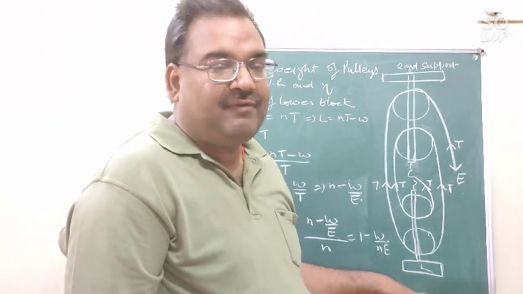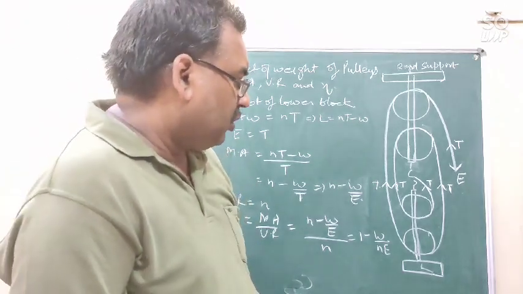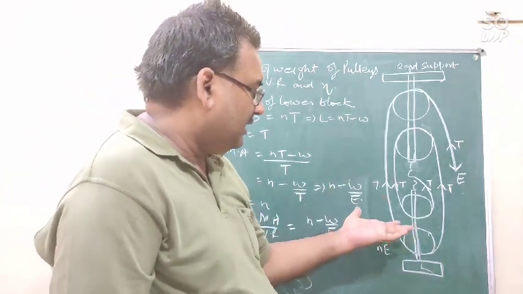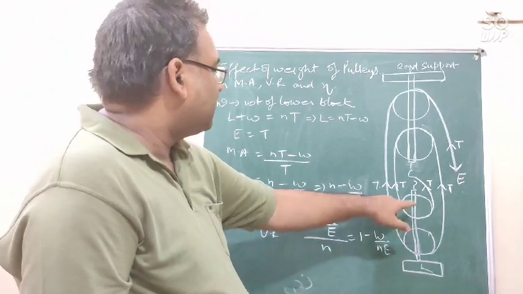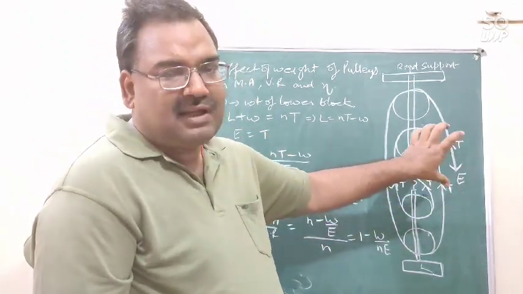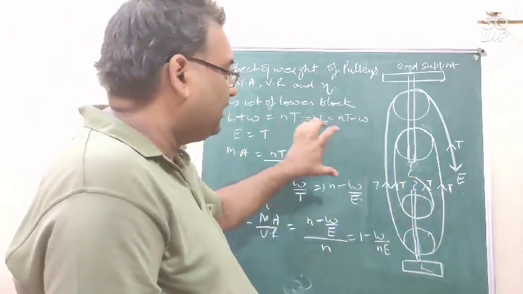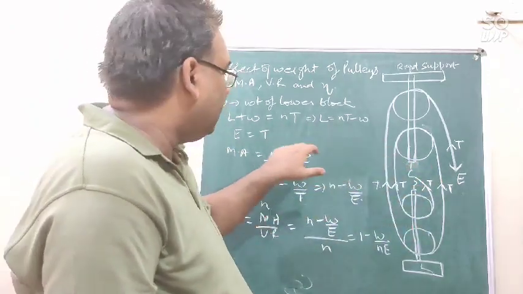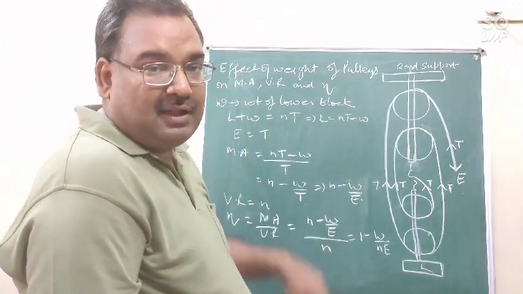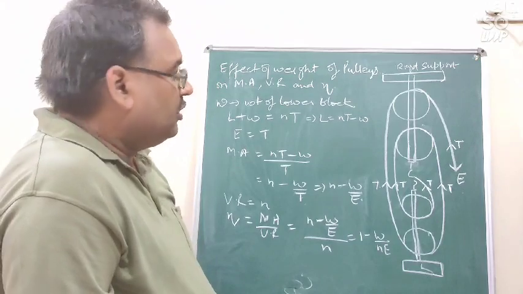Now we will find out the mechanical advantage of this pulley system. So total load here is L plus W. Now it is supported by, suppose there are n number of pulleys in the lower block, so the load is equal to nT.